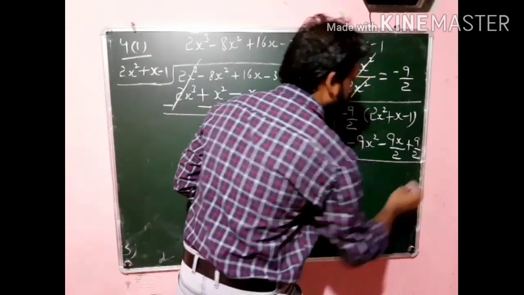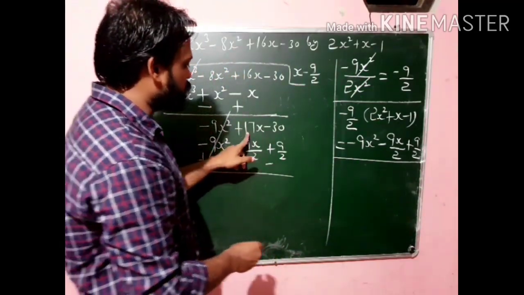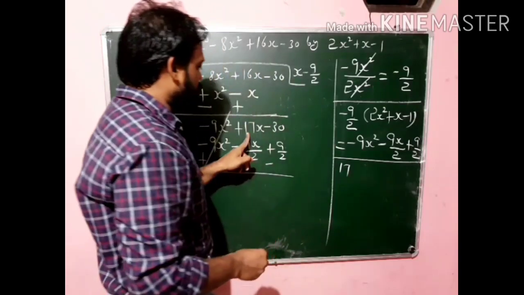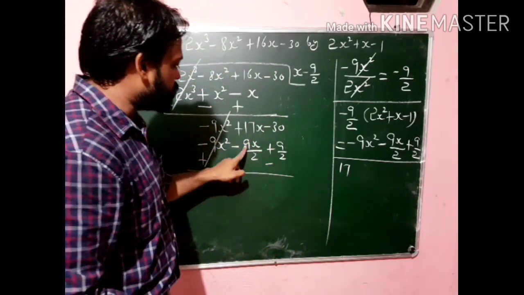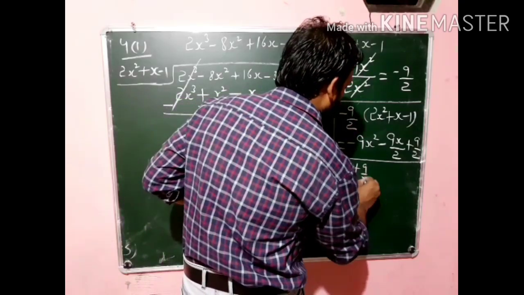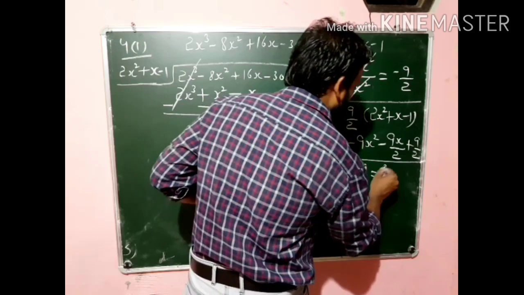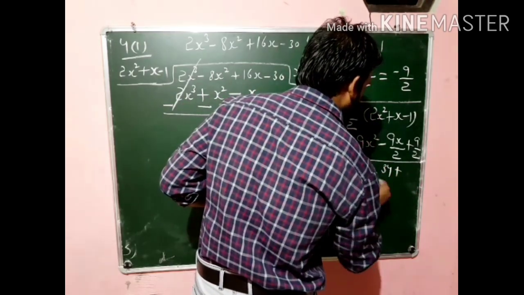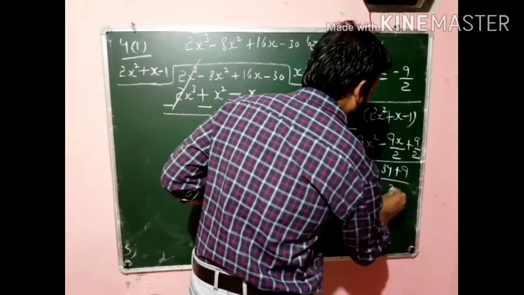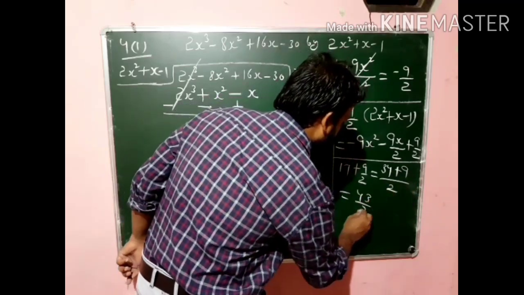And I have also explained in my previous sum how we can add the terms which are in a fraction. So write down first of all this 17. It is of plus sign, and also this 9 by 2, it is also of plus sign. So now multiply this by taking the LCM, 17 to the 34 and 9 as it is over 2, and now plus these terms, it will become 43 by 2.